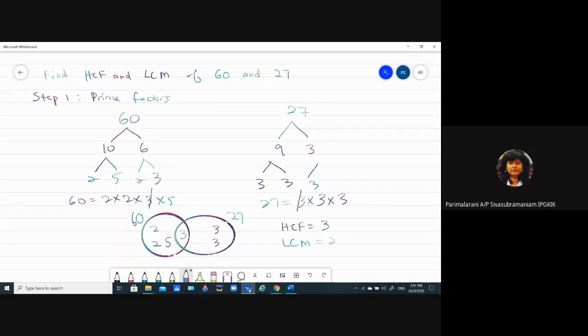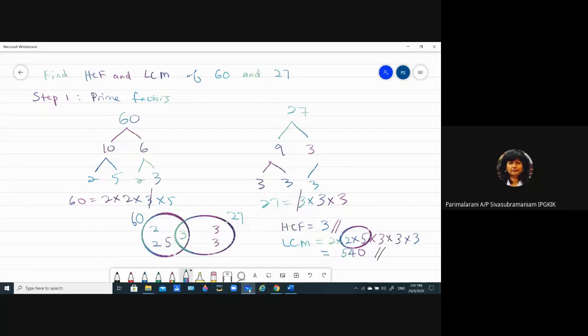That means 2 times 2 times 5 times 3 times 3 times 3. 2 times 5 is 10. 3 times 3 times 3 is 27, times 2 is 54. 54 times 10 is 540. So our HCF is 3 and LCM is 540.